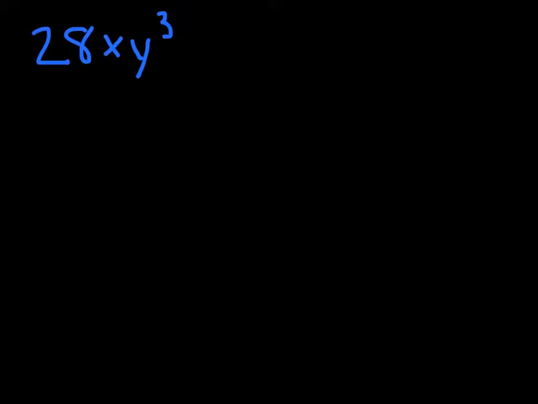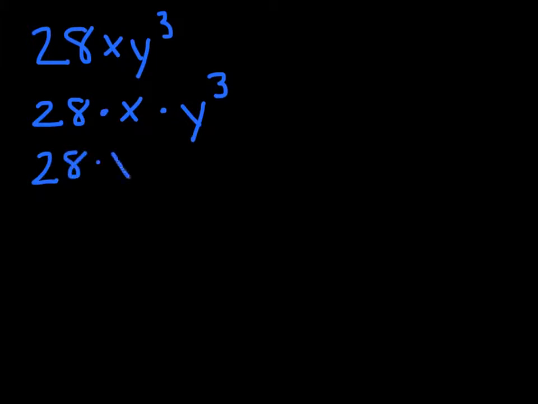We have a number, 28. We have a variable, x. And we have a variable, y cubed. The first thing we know we can split up is the y cubed, right? Y cubed is simply y times y times y. So now we've factored that element.